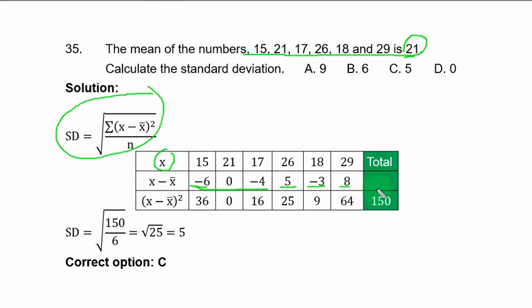If you add together, summation means add, you have 150. Therefore, SD is equal to square root of 150 divided by 6, that is square root of 25, which is 5. C is the correct option, that is the standard deviation.